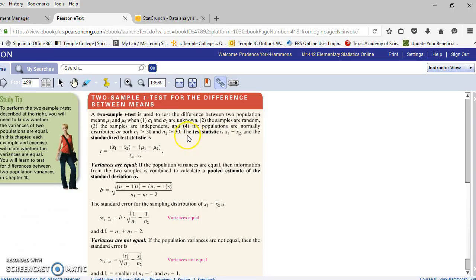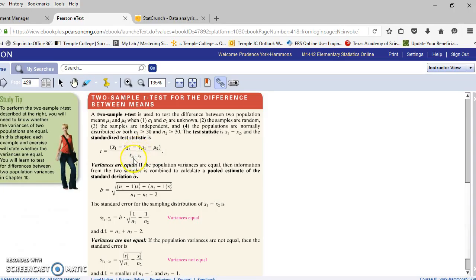Now I'm bringing your attention to this point simply because my stat lab is going to ask you what is the test statistic, and you need to know it's just the difference between the sample means. But then they're also going to ask you to calculate the standardized test statistic that you get when you run the t-test, and StatCrunch will calculate the difference between the sample means compared to the difference between the population means.